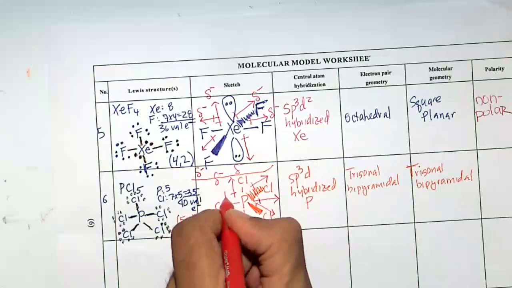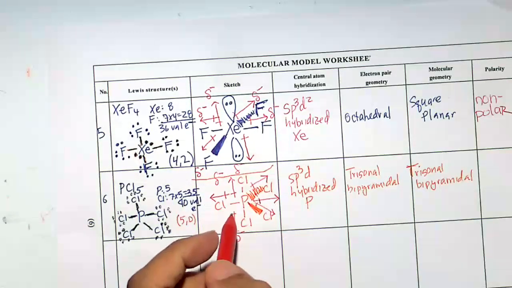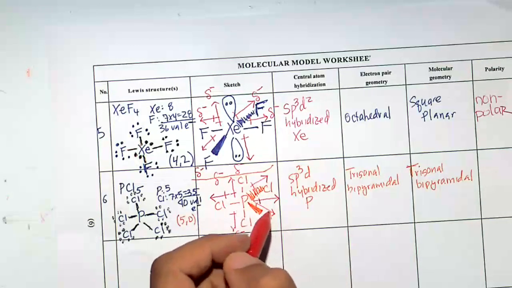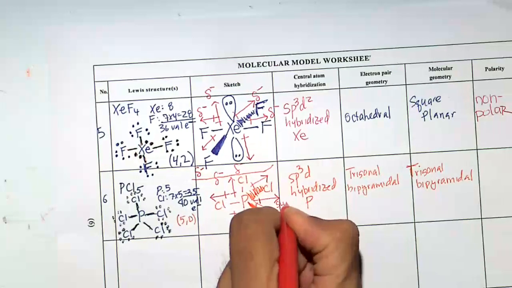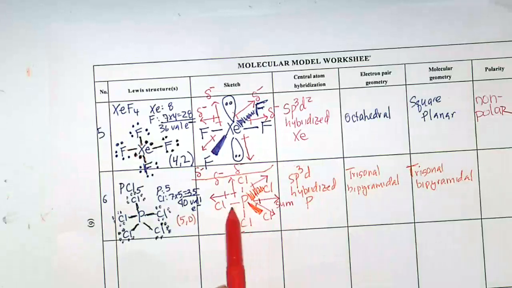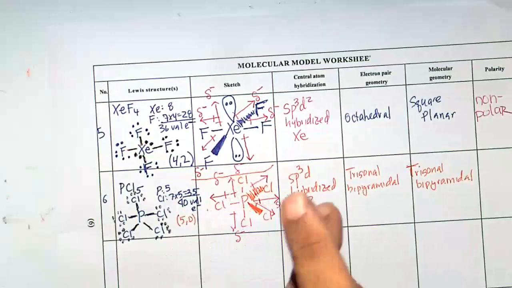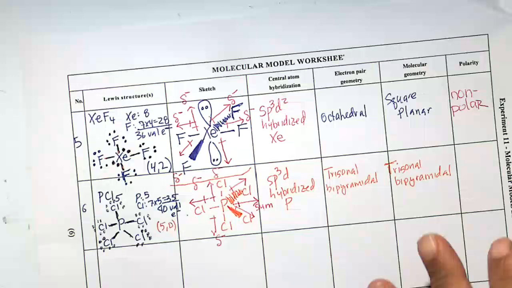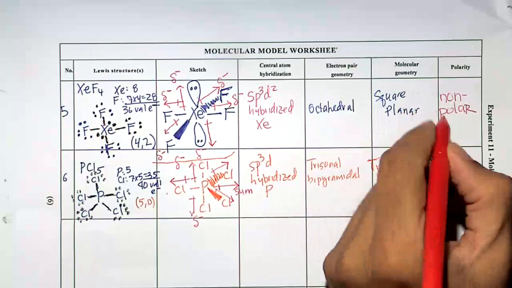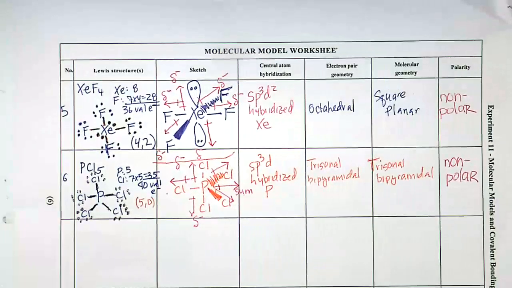The net is this way, and this Cl is pulling to the left. What I want to convince you is that all the Cl pulls cancel. This one diagonal and this one diagonal sum up to something that's pulling on the right. This Cl is pulling on the left. So left and right cancel based on the sum. This up and down cancel. So is this polar or nonpolar if everything cancels? Nonpolar.